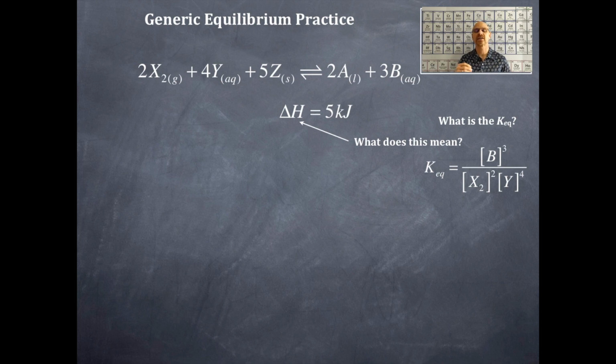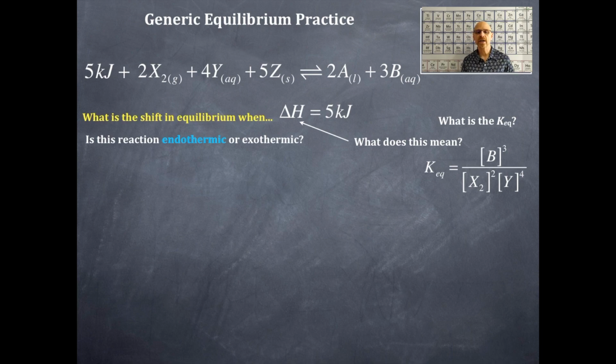What does matter is the sign. Since it's positive, it's going to go on the reactant side. And then you can actually answer this question knowing the sign of the change in enthalpy. Is this reaction endothermic or exothermic? Endothermic is heat requiring, exothermic is heat liberating. So since this enthalpy change is positive, we know that this is endothermic. If the value were negative, then it would belong on the product side and it would be exothermic. Hopefully you got that.